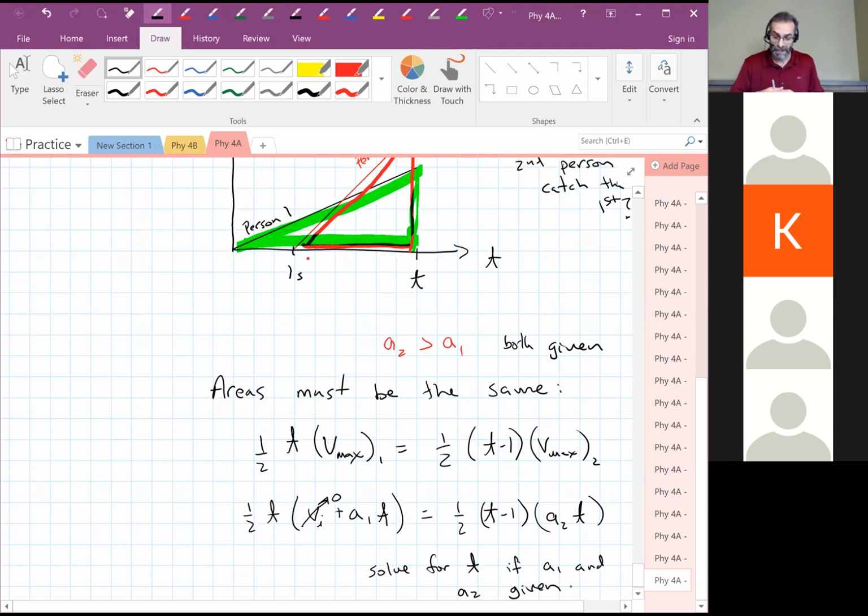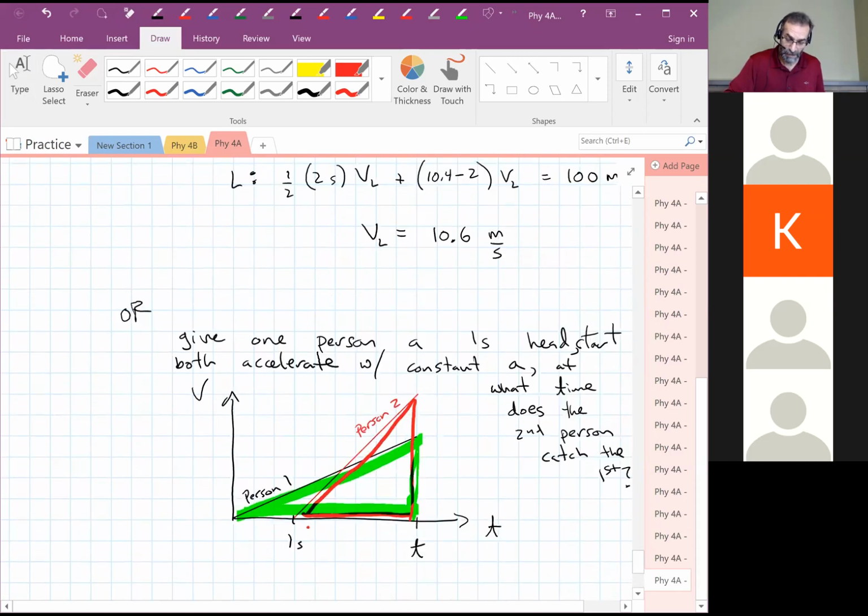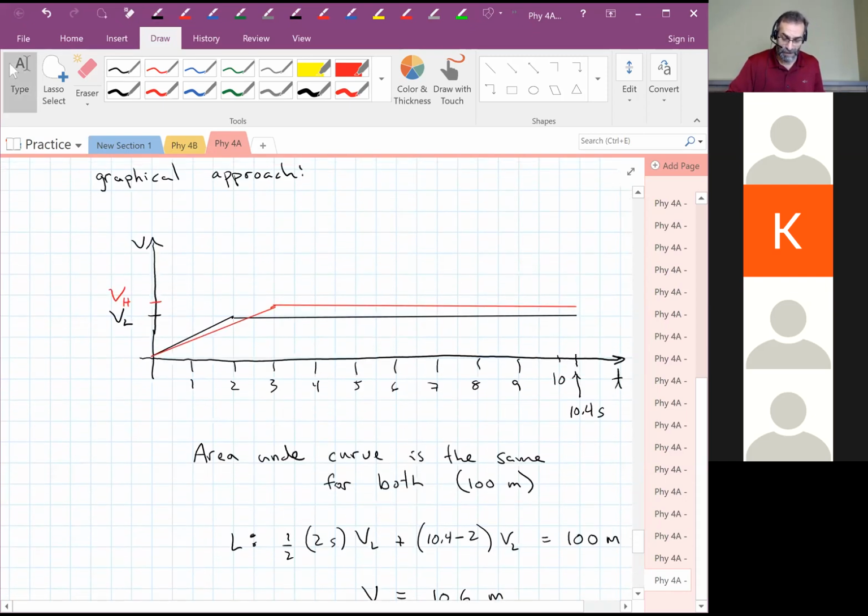Okay, so these are a couple of examples where the graphical approach is really nice. Other than that, it's kind of 6 of one, half dozen of the other. You usually end up using the graphical approach with the same equations in the end that you would get using the kinematics equations and making your table and getting the equations that way.